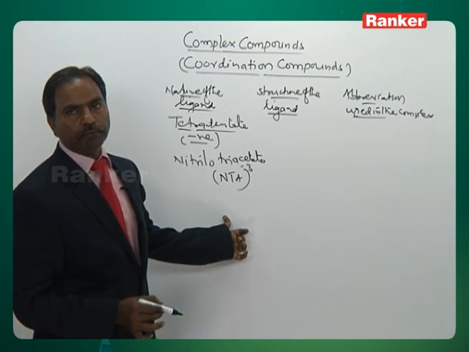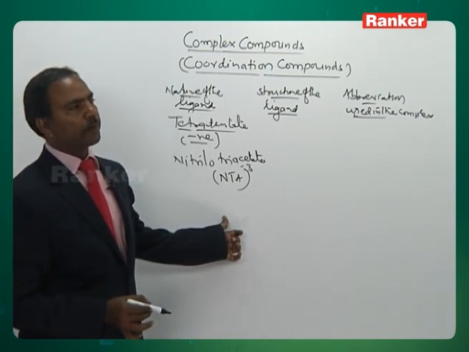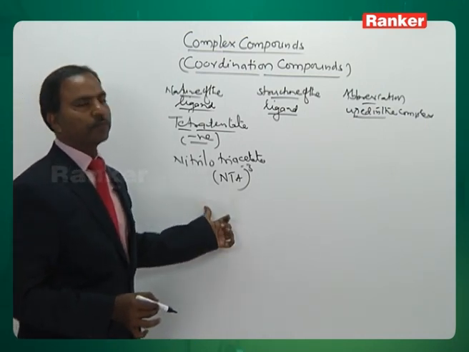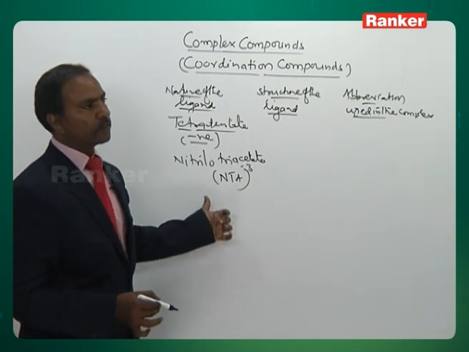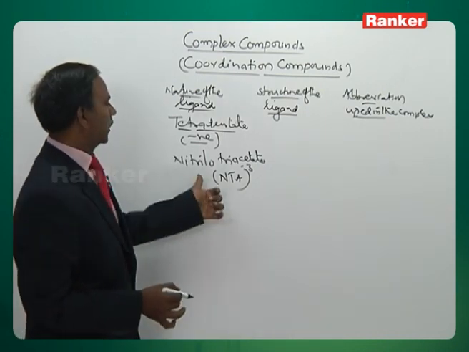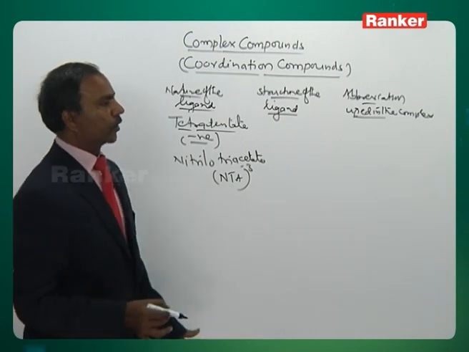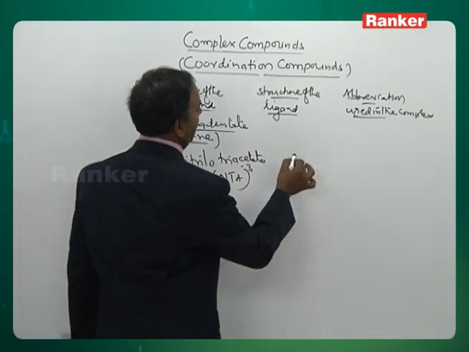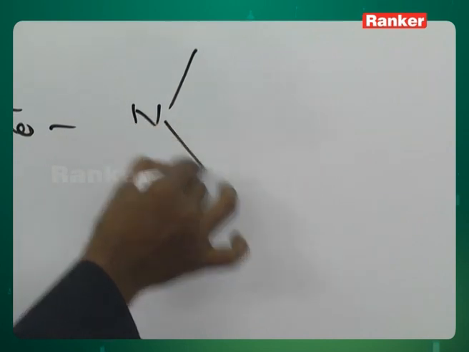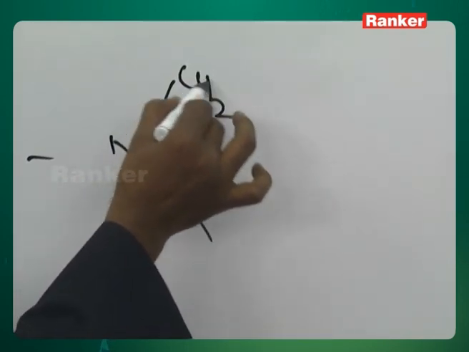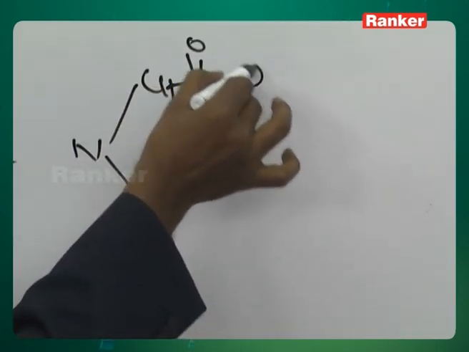Over each ligand, the charge is important: for the name, structure and abbreviation, the charge of the ligand is important. The structure of nitrilo triacetate is nitrogen linked to three acetate groups, each CH2 C double bond O minus.